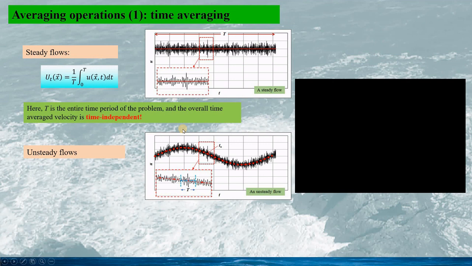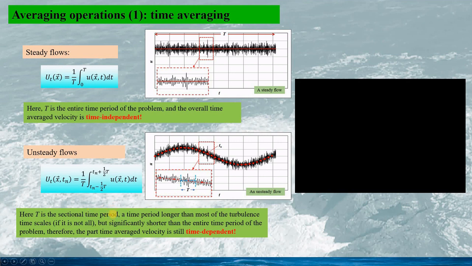For the unsteady flows, as seen in this figure, we could have an always time-dependent average variable superposed on the small fluctuating variable. So the averaging is made as given in this formula.